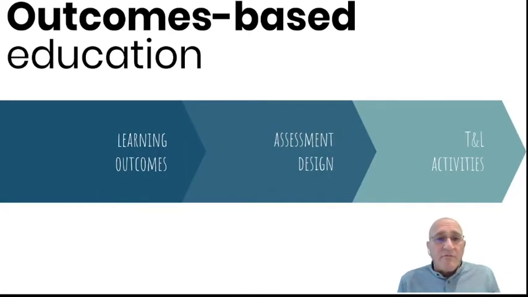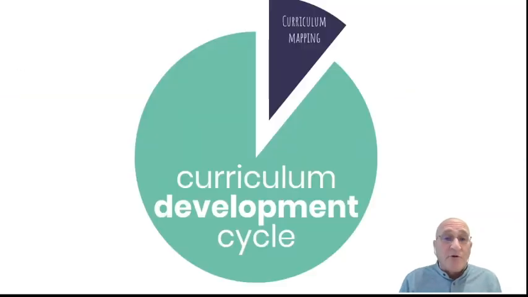And so the outcomes-based movement, which has changed the conversation from the what to the so what, also includes how will we know and how will students know if they've achieved these important outcomes, and what are the activities and experiences along the way through which students will be able to develop those particular learning outcomes.